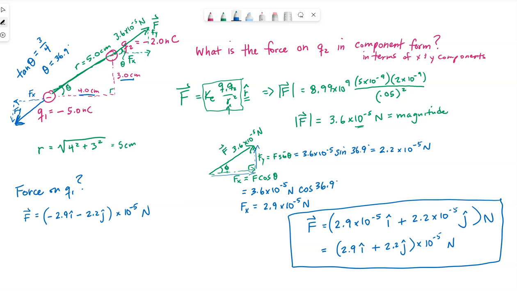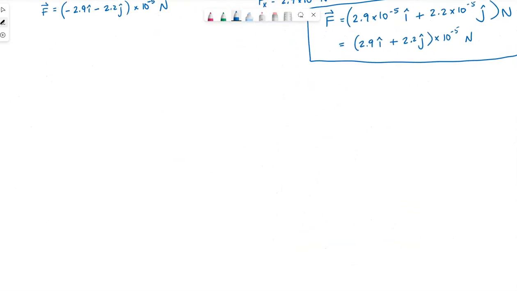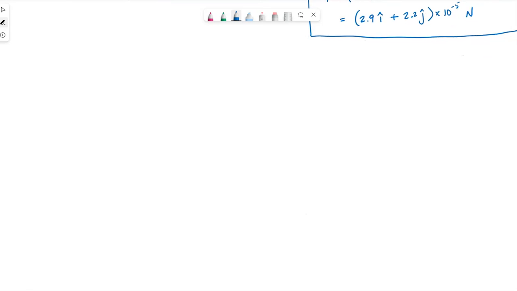One last thing is what happens if we have more than two charges? Coulomb's law is valid only on one charge at a time. So I'm just writing it out again. Let's say we had a Q1, a Q2, and a Q3.